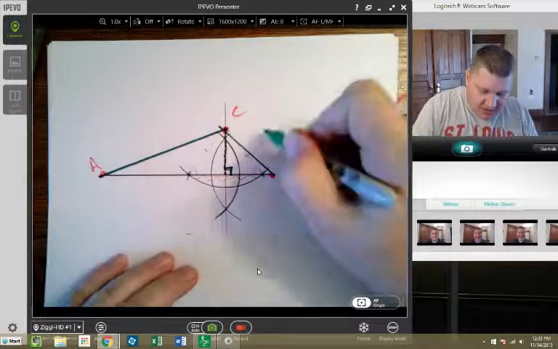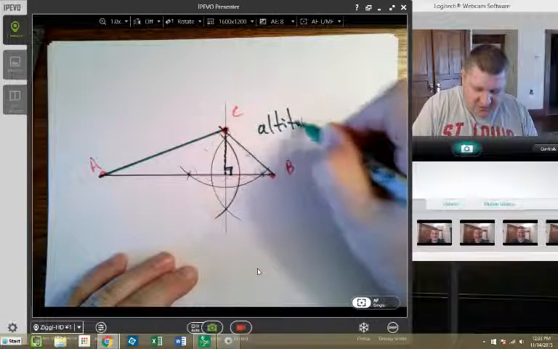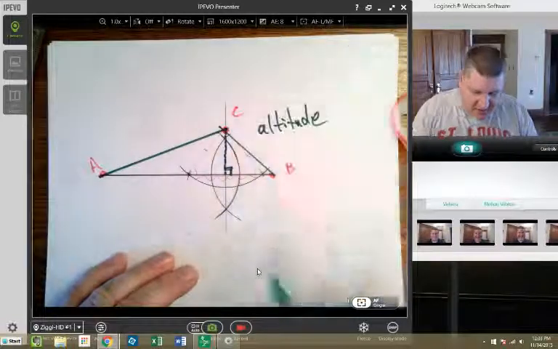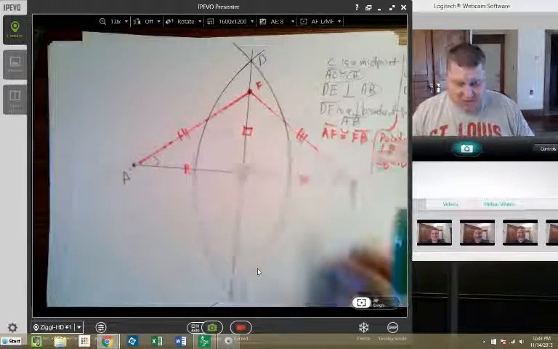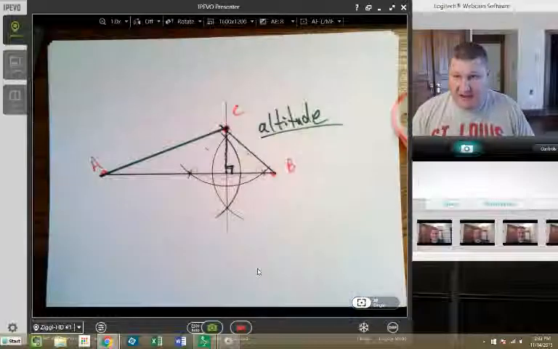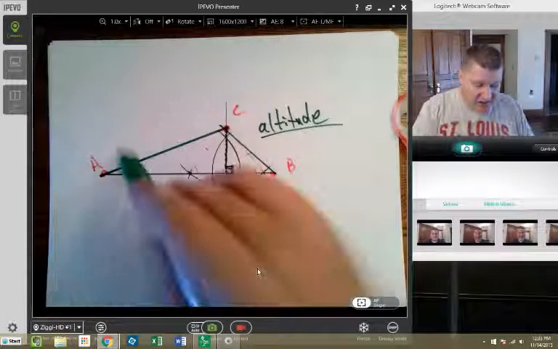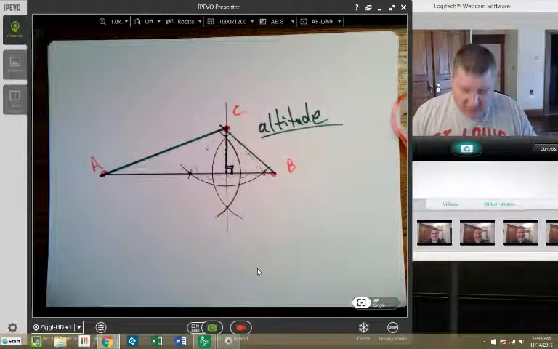That is called an altitude. So I constructed an altitude. So I can construct perpendicular bisectors. I can construct altitudes. I can construct angle bisectors if I wanted.